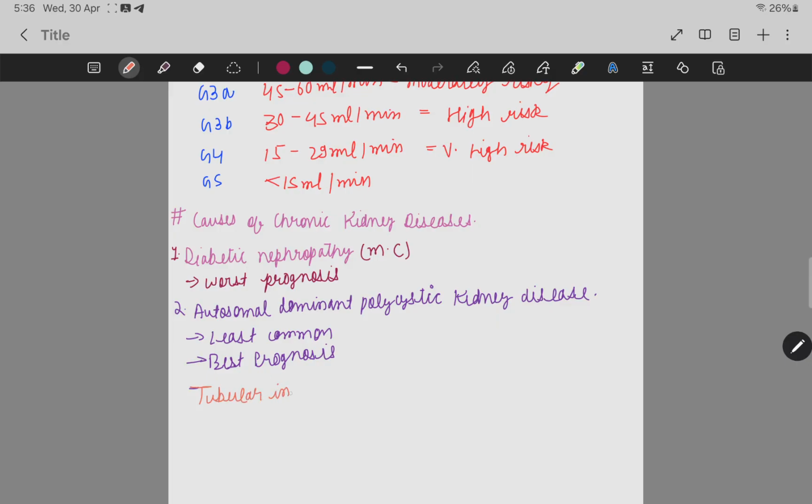Tubular interstitium and sclerosis are the determinants of the intensity of the injury.